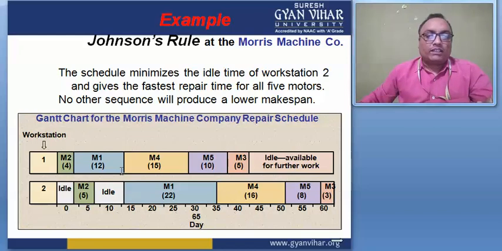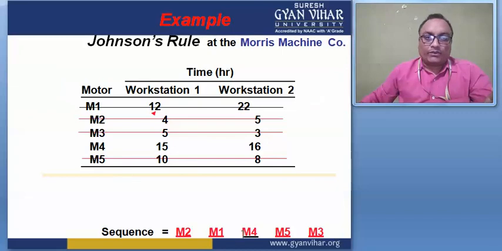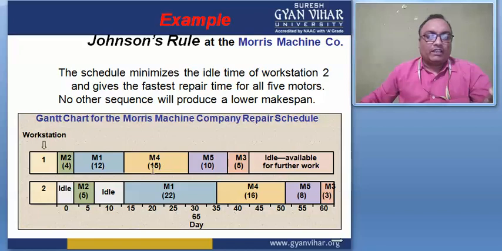After 12 hours are completed, the machine moves to M4. M4 time is 15. So if the 15-hour job is completed at this time, the machine has no idle time in this case.